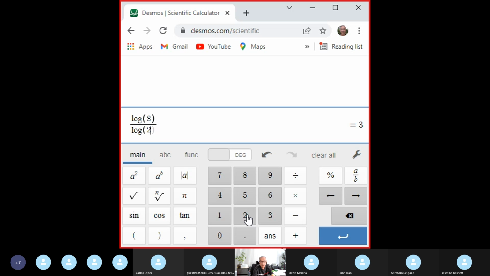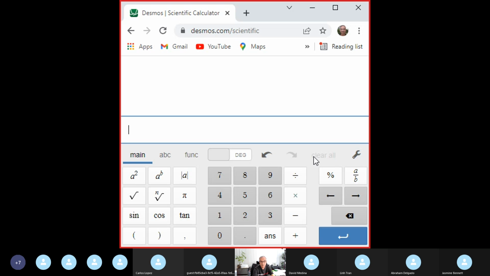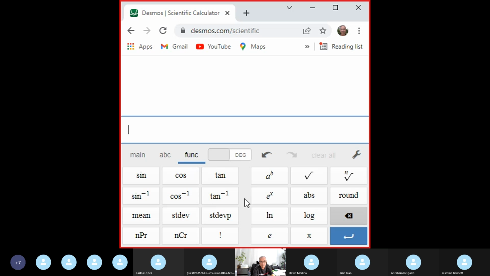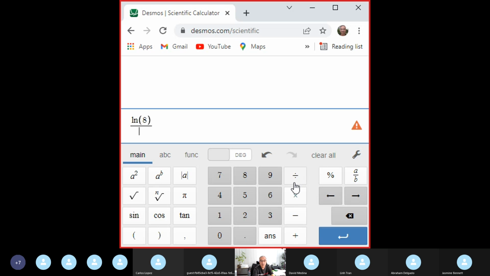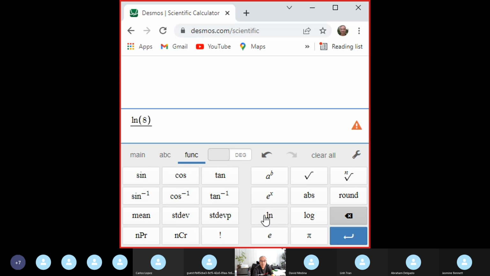Now, by curiosity, I want to do it using the ln function: ln of 8 divided by, outside the parenthesis, ln of 2.